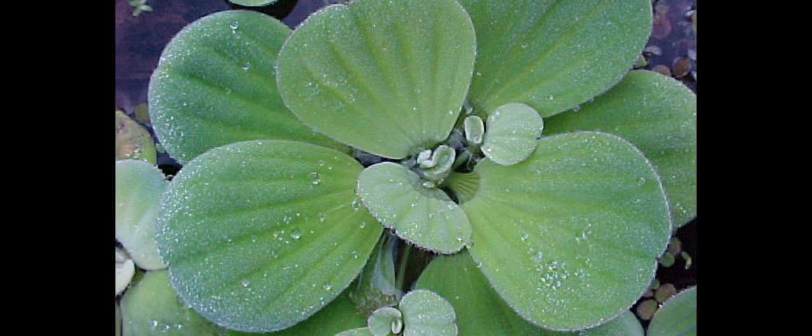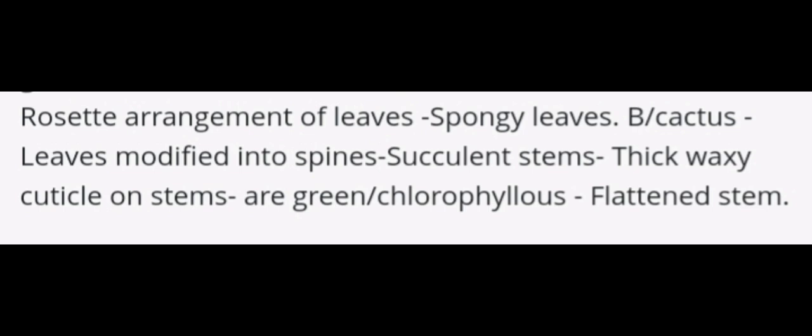Then there's rosette arrangement of the leaves and spongy leaves also. Right? Then for cactus, the leaves are modified into spines, but then they have succulent stems. Then they have thick, waxy cuticle on the stems. They are green and chlorophyllous, and also have a flattened stem.